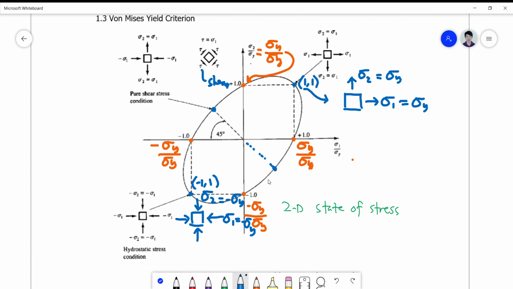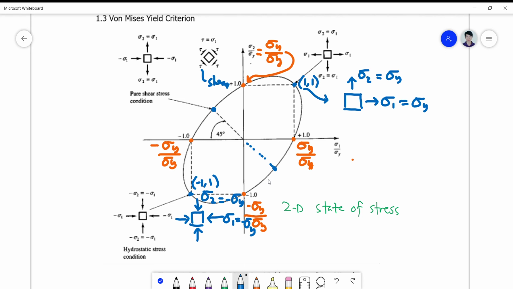So if you are finished with continuum mechanics, I hope you have passed this topic on how to determine the values of the shear representing the pure shear stress state or condition.